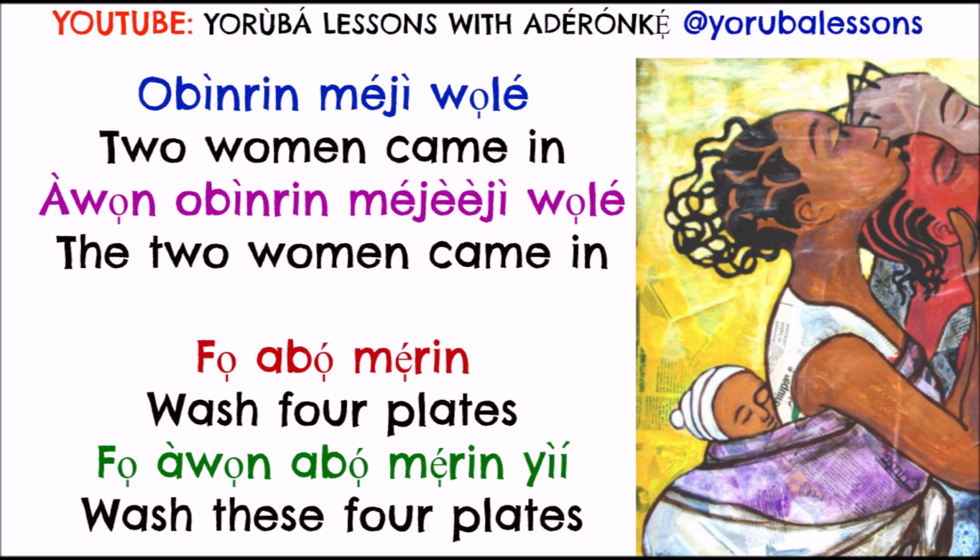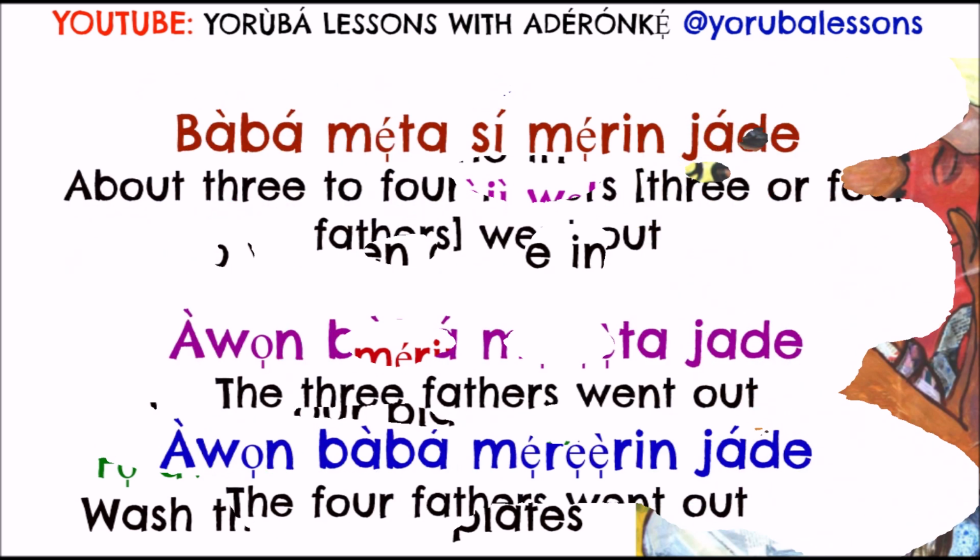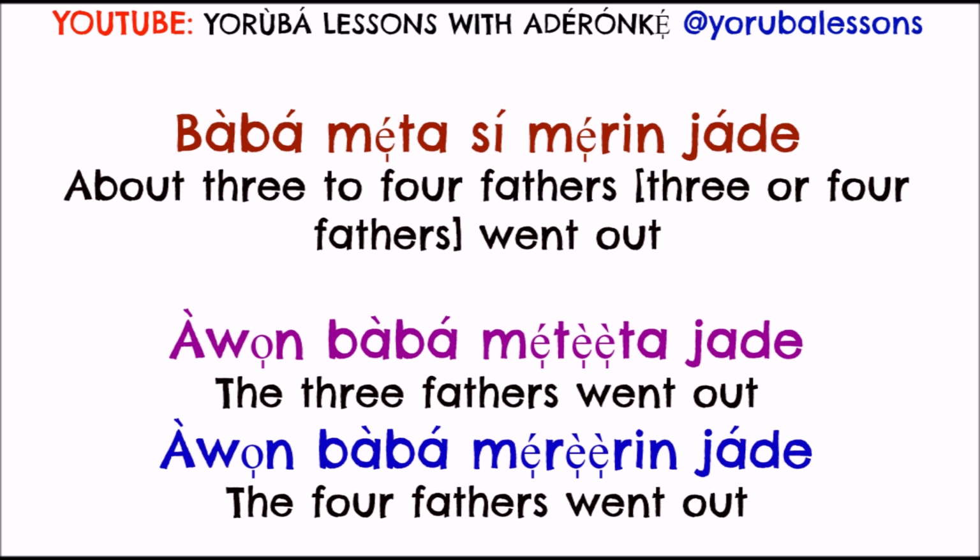So I'm going to give another example. Bàbá mẹ́ta sí mẹ́rin jáde. About 3 to 4 fathers, or 3 or 4 fathers, if you don't want to say about 3 to 4 fathers. It's also a translation. Went out. Jáde, went out. Àwọn bàbá mẹ́tẹ̀ẹ̀ta jáde. The 3 fathers went out.